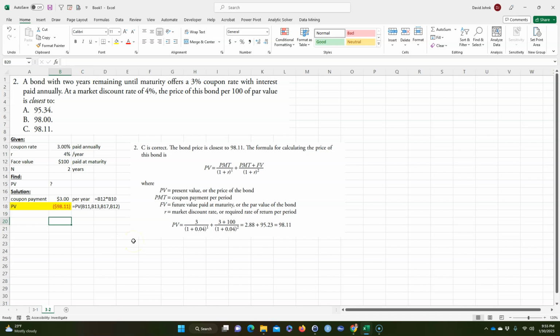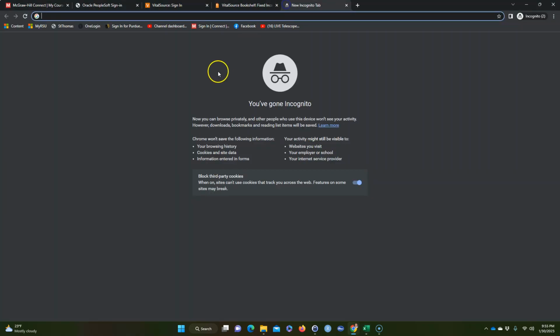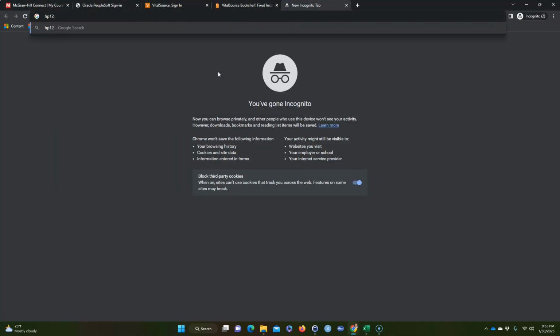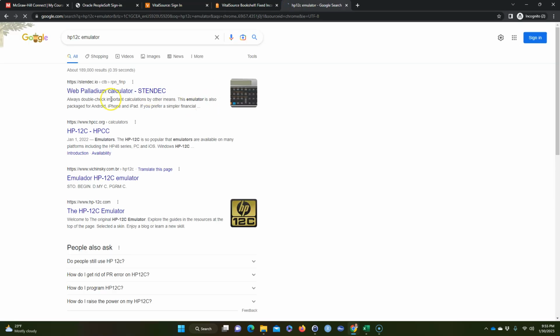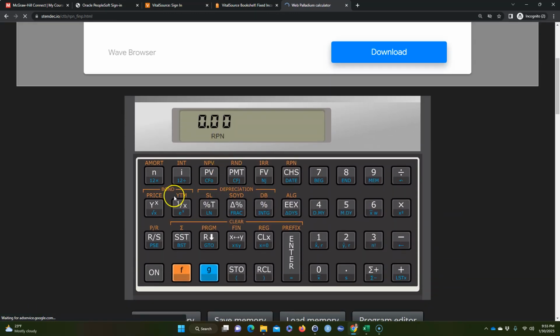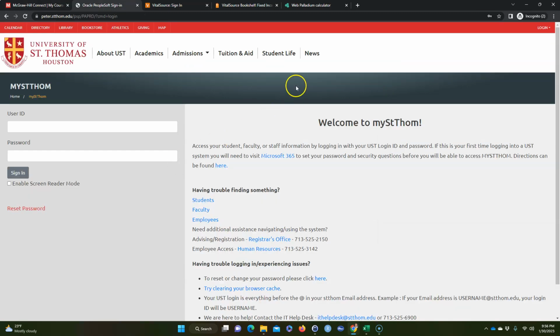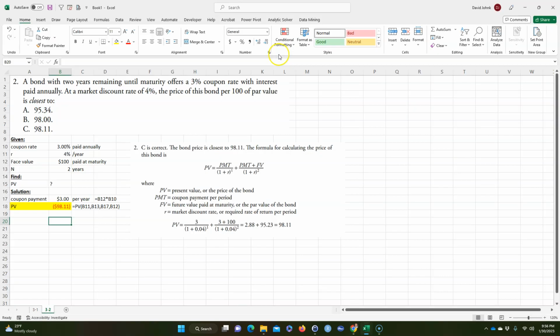But just let me show you how you might solve this on, say, an HP 12. So let's go search for an emulator. And so the way you would work this, I would go 2 is the number of periods. Oh, hold on. 2 is the number of years.